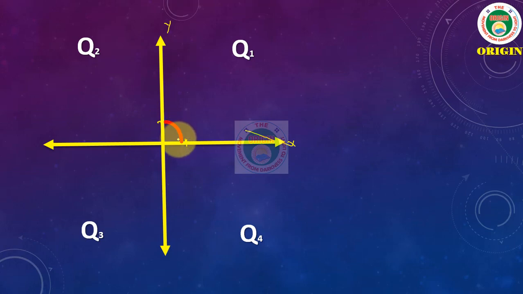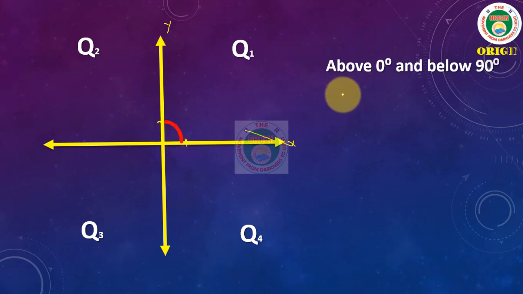All the angles in this place are below 90 degrees. Those points are given here. So these are the angle values above 0 degrees and below 90 degrees. The range of the angle should be like this. Now the person is here at this point on the positive y-axis.